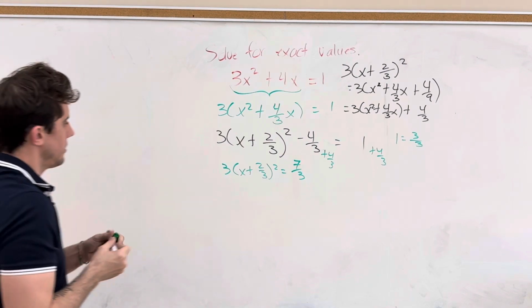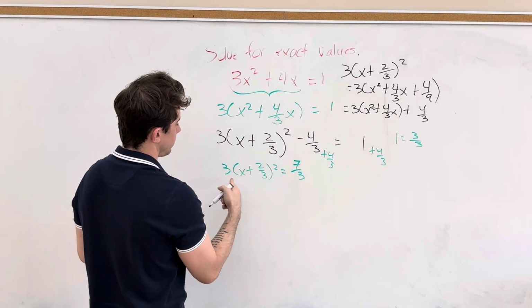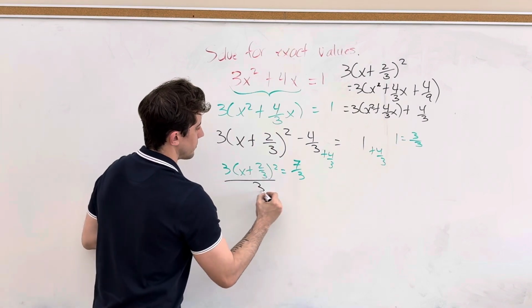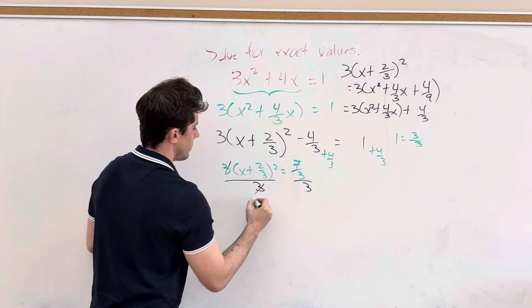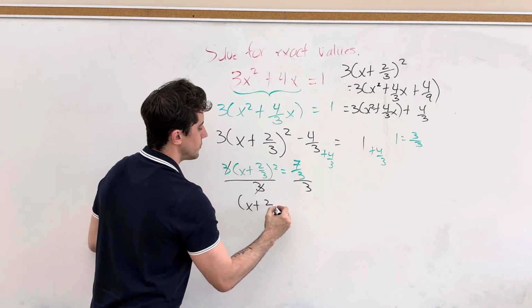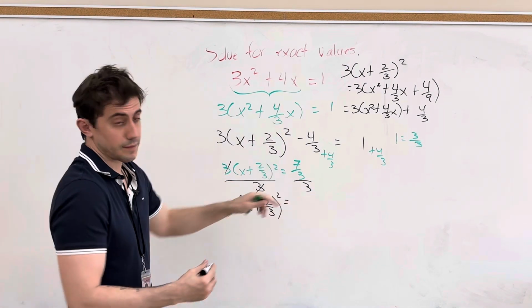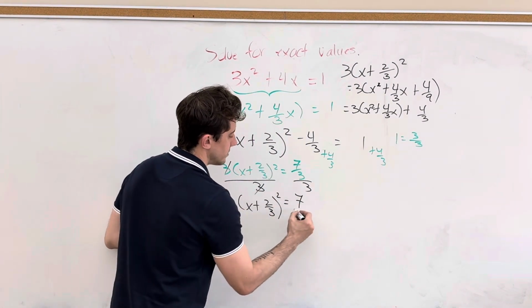Okay. Now we have to divide both sides by 3 to get rid of this 3 hanging out front. And so divide by 3, divide by 3. So x plus 2/3 all squared is equal to 7/3 divided by 3, which becomes 7/9.